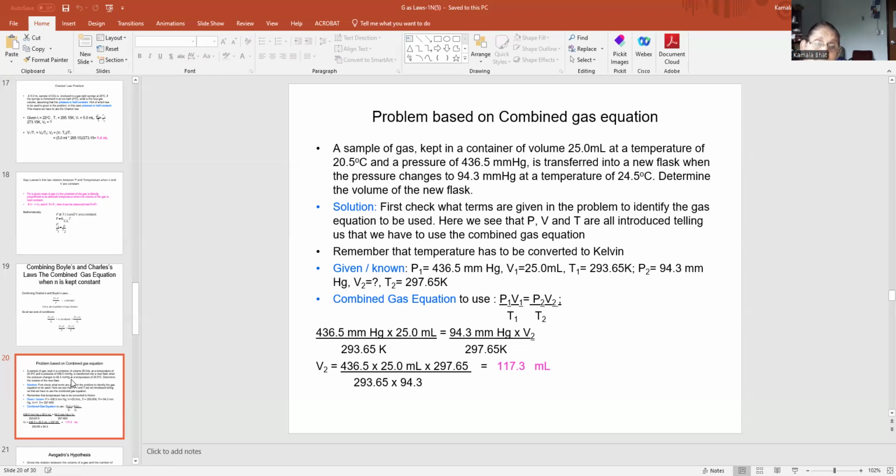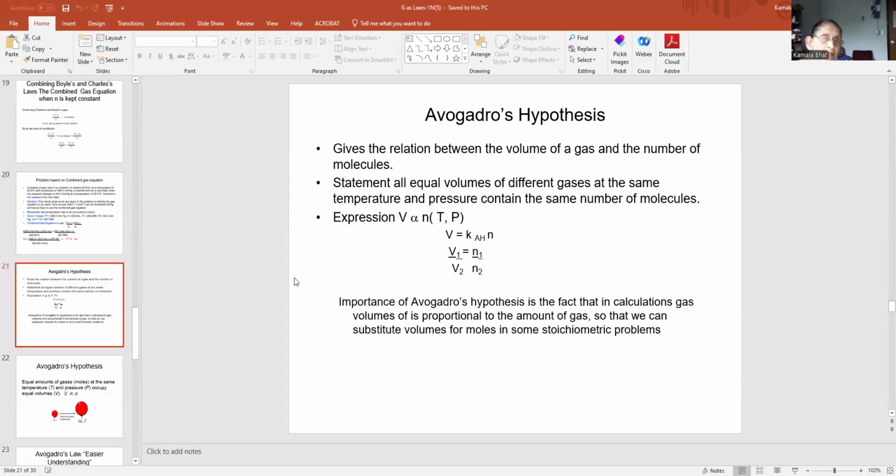On rearranging this, we get V2 equal to 436.5 mmHg times 25.0 ml times 297.65 K divided by 293.65 K times 94.3 mmHg. Now the units of Kelvin and pressure cancel out, leaving you only milliliters. And on solving that expression, you get 117.3 ml.